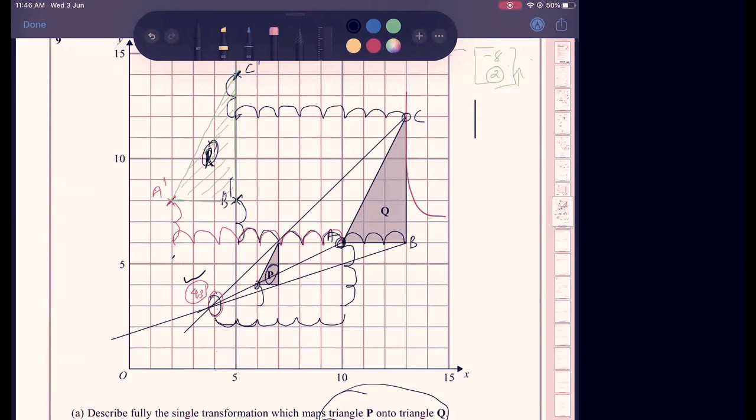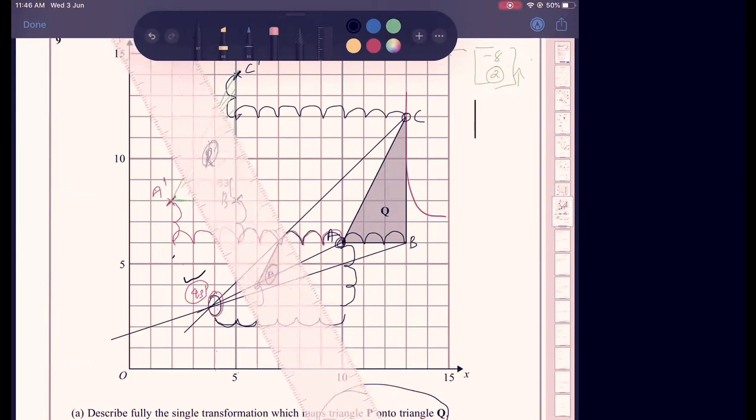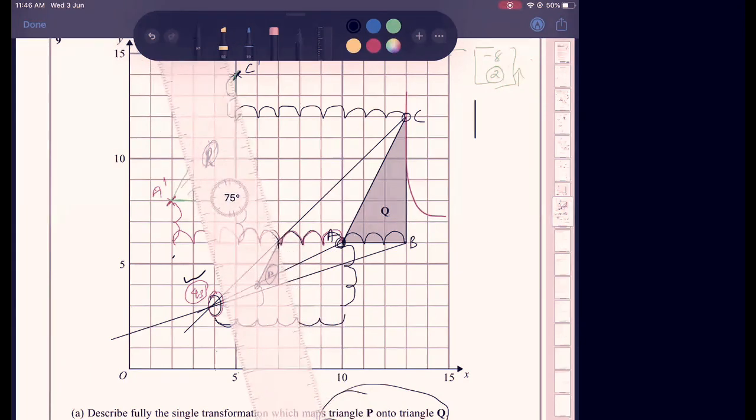For that, we have to check whether this is a kind of enlargement or not. So for that, we have to check the points.